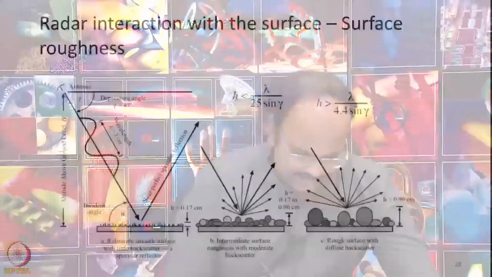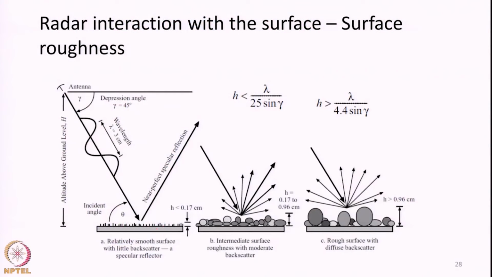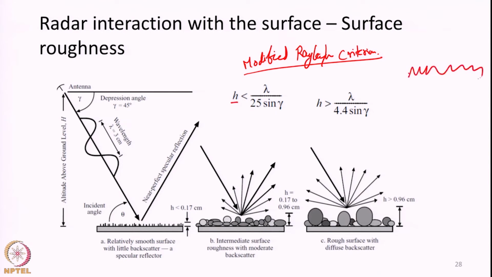If a surface is really smooth, we have also defined what is known as the modified Rayleigh criterion in earlier classes, please recall them. See, this is the height variation, let us say this is a soil surface.